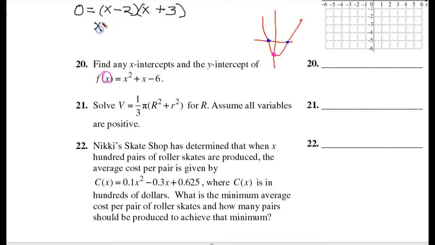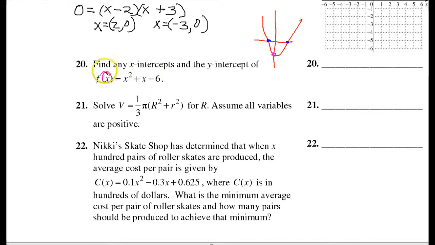So here x will be a 2, and here x will be a negative 3. And what did we say was our y value then? That was 0. So this is one of our x-intercepts, and this is the other x-intercept.